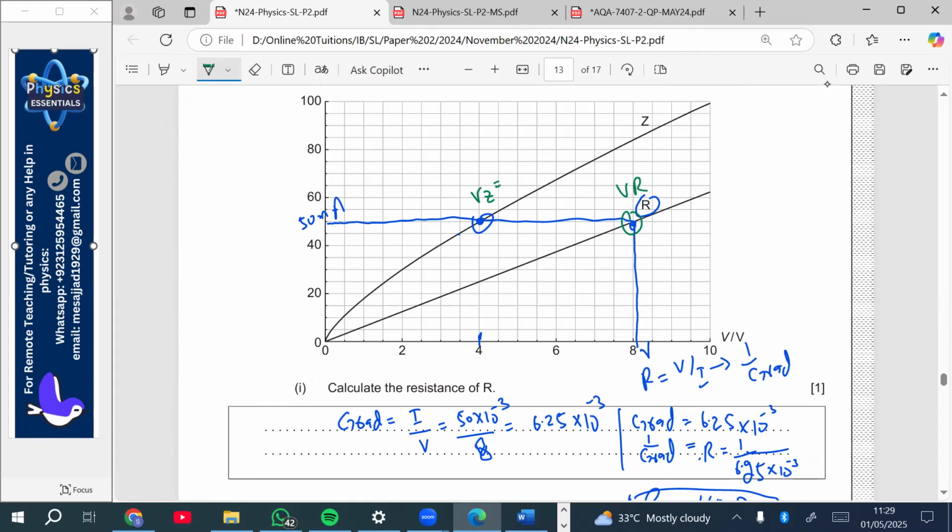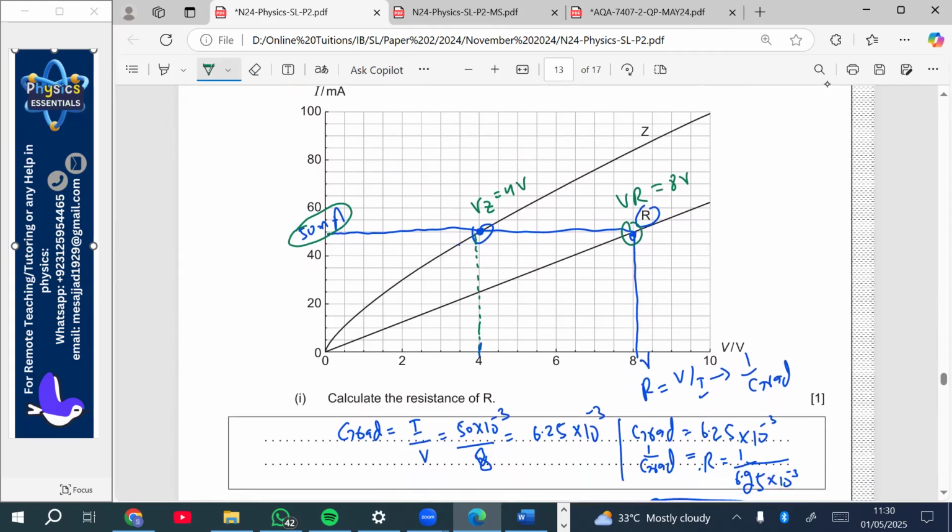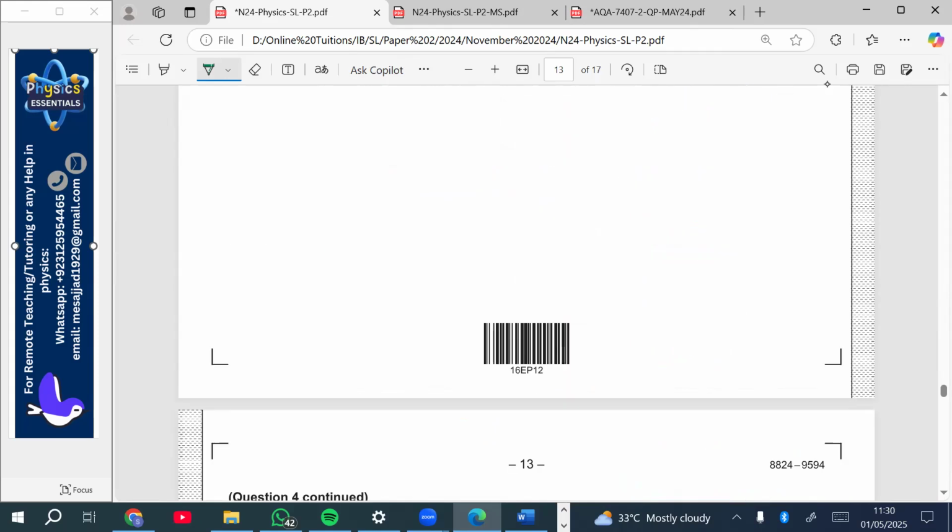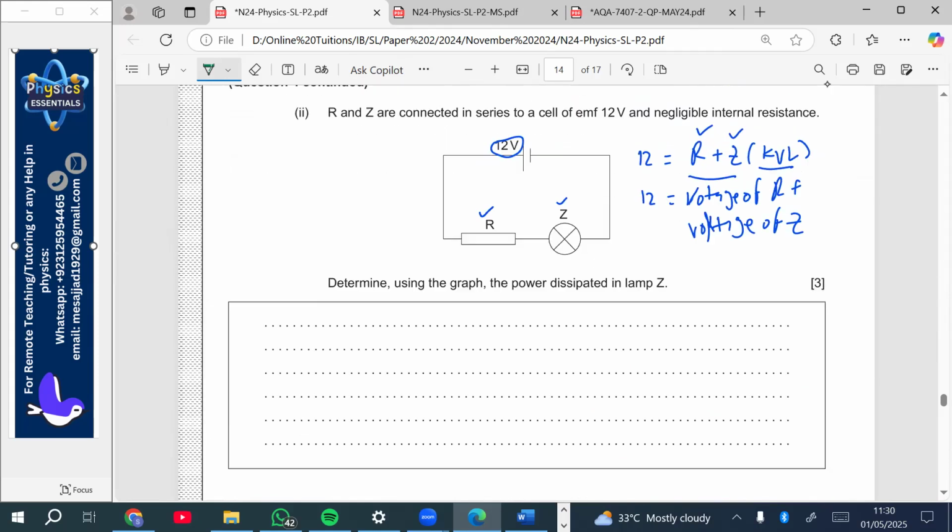VR is 8 and VZ is 4, so the sum of both is the same as 12. And at 4 volts, what is the value of current? 50 milliamperes. Don't forget that. And it is for the bulb, or the filament. So you just go back and write from KVL and from the graph.